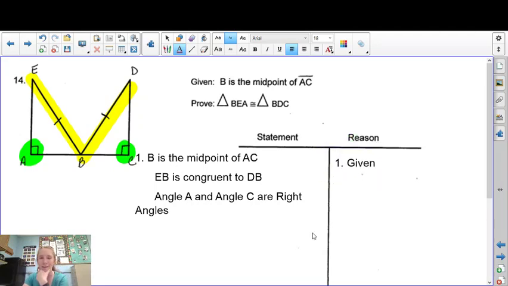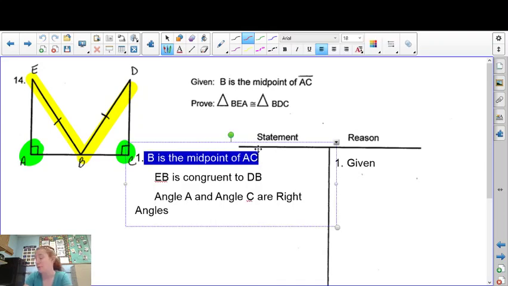Alrighty, so I have stated that I have a midpoint and I haven't done anything with him yet. So let's go back and mark some stuff. A midpoint meets in the middle, cuts in half. I'm going to go in order, just going down my given statements, trying to figure out which piece I want to play around with first.